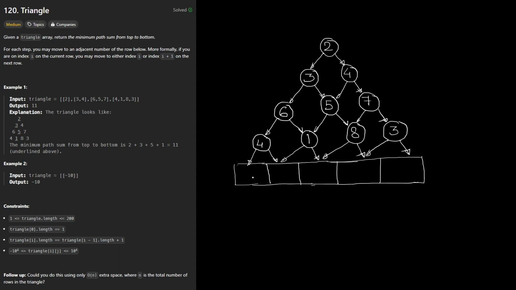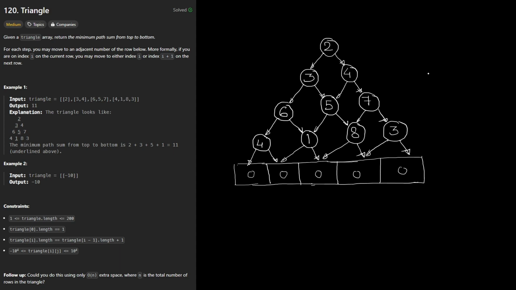Here, I have already redrawn the entire diagram for you to easily understand. Let's say I'm going to create an array and the initial values are going to be all 0. The idea itself is pretty straightforward and intuitive in a way.